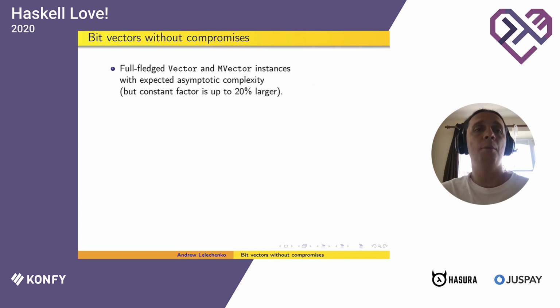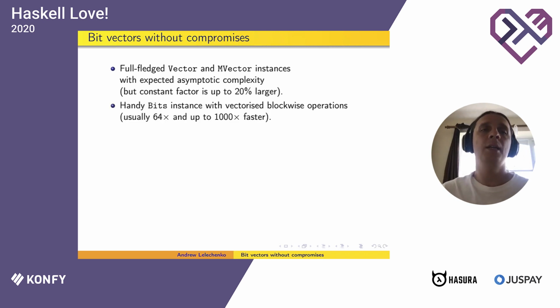So to recap, we ended up having full-fledged Vector and MVector instances with expected asymptotic complexity. The only downside is that the constant factor is a bit larger, especially for thread-safe functions, which is quite expected because we need to lock some memory locations.